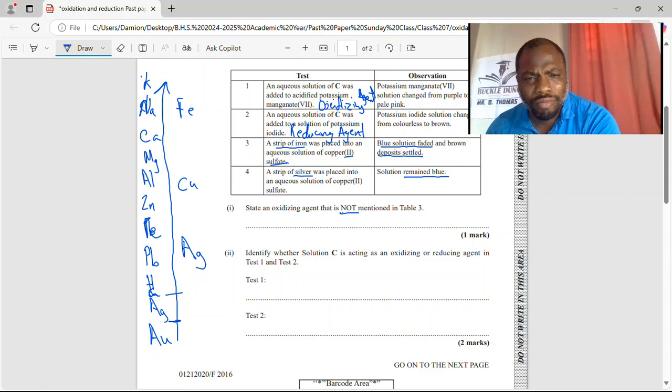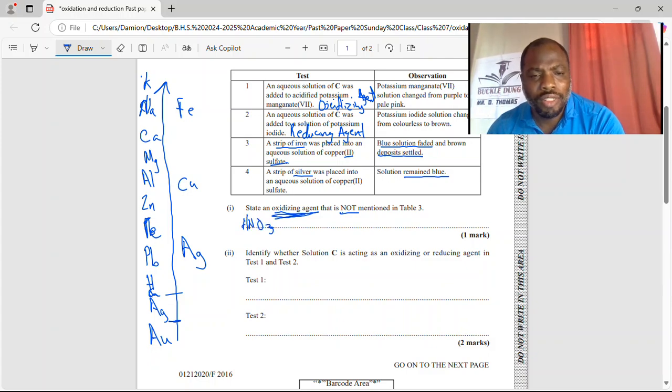Fluorine. But remember, we said an oxidizing agent that we didn't mention. Nitric acid. So you could have mentioned nitric acid.